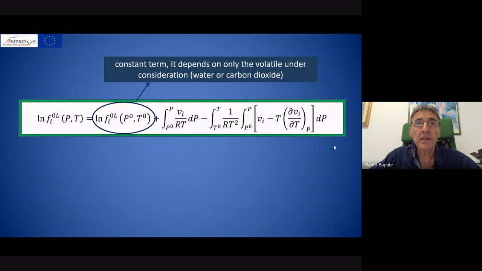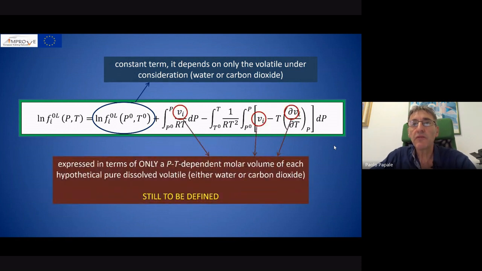Second relevant aspect of this expression, the reference fugacity is defined from knowledge of only the volume of each hypothetical pure dissolved volatile. We need an equation of state for each hypothetical pure dissolved volatile, covering any pressure and temperature condition from those of interest down to the lower boundaries of the integration where the hypothetical pure dissolved volatile behaves ideally.